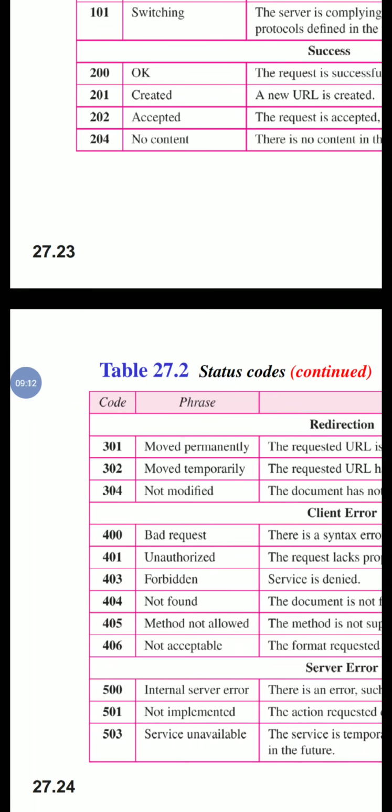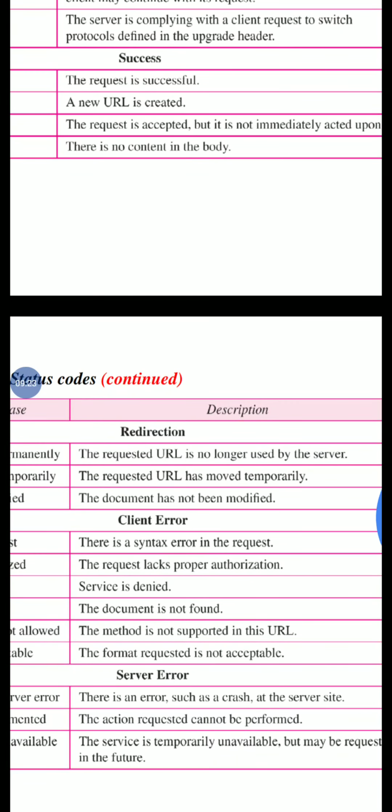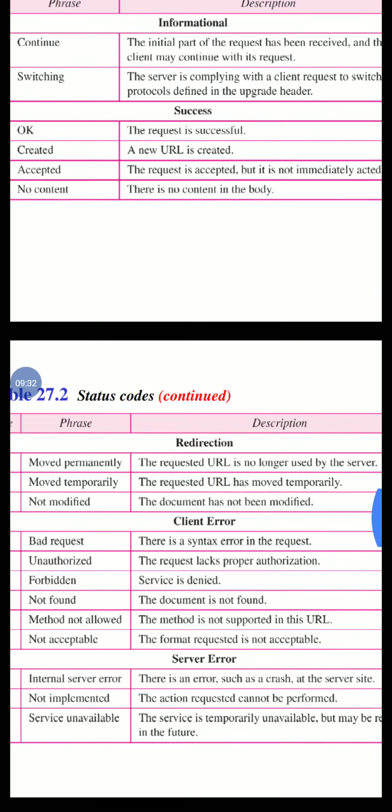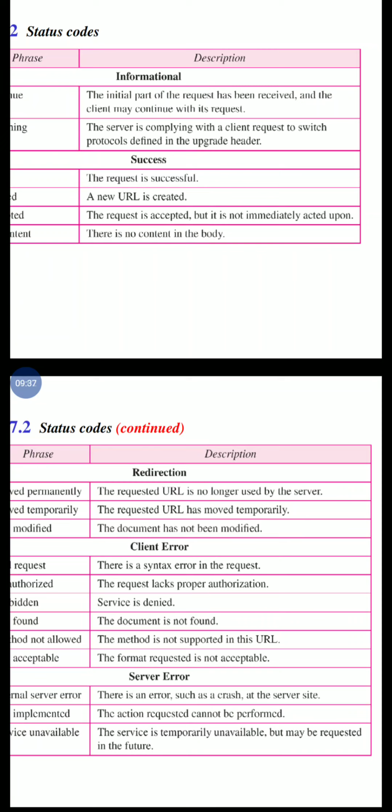So in that, 301, 302 and 304, which are Moved Permanently, Moved Temporarily, Not Modified, and in the description the requested URL is no longer used by the server. Means what? Moved permanently. So sometimes what happens, if a URL is present and some work is going on there, that site is down, and at that time when we put in the URL, we do not get the particular site.